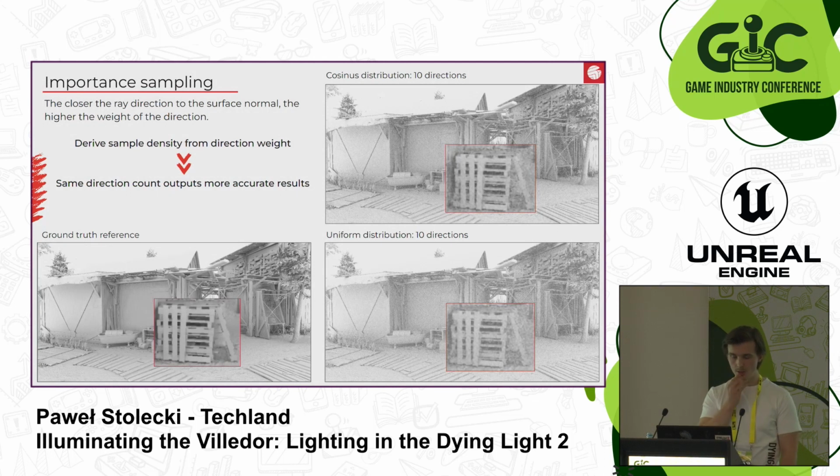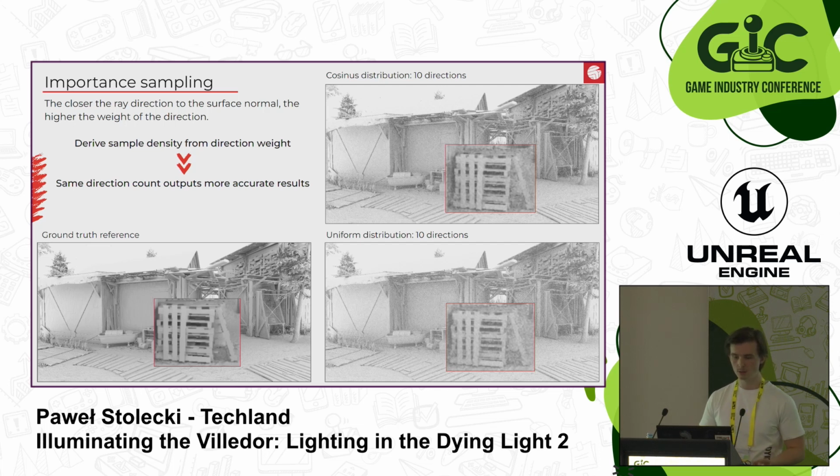Okay, so each sample direction is a significant cost. We can't afford to sample many of them within a single frame. To make the most out of a limited sample direction count, we've chosen to use cosine distribution for the hemisphere directions. This means we derive the sampling density on the hemisphere from the direction's weight.